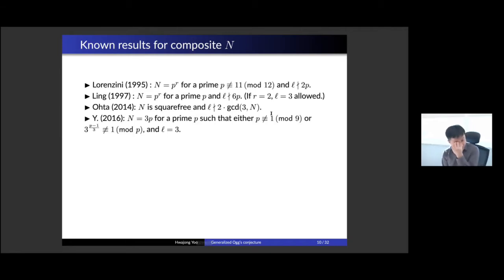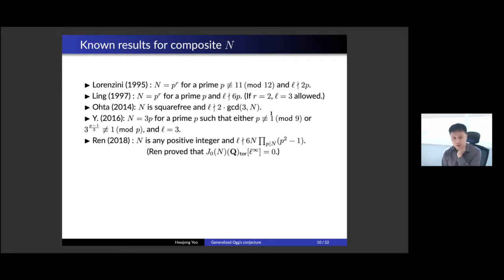And I handled some cases when L equals 3 and n is 3 times p. And Yuan Ren proved that when L does not divide this number, there are no Eisenstein primes, and therefore the Jacobian has no L-primary subgroup of this rational torsion subgroup.